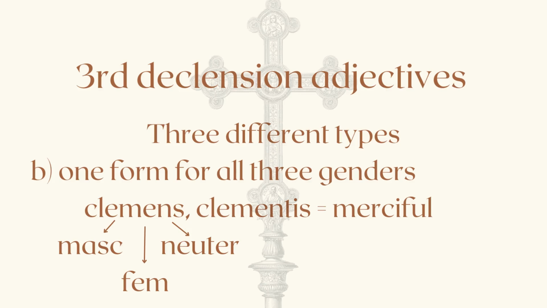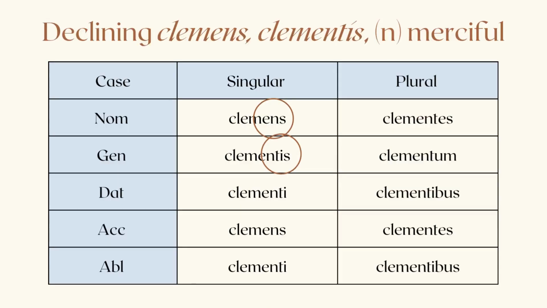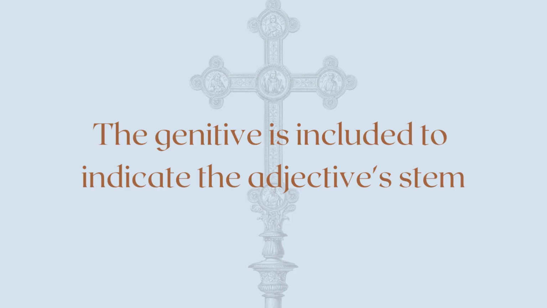Clemens and clementis are the nominative and genitive singular forms of this adjective. So you can see this is different from the other adjectives, since genitive forms aren't usually given in the dictionary listing. For this type of adjective, the genitive is included to indicate the adjective's stem.